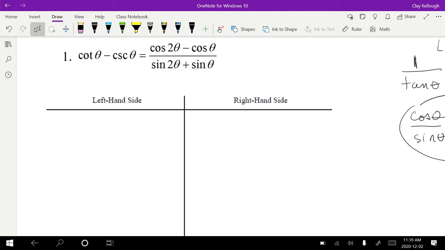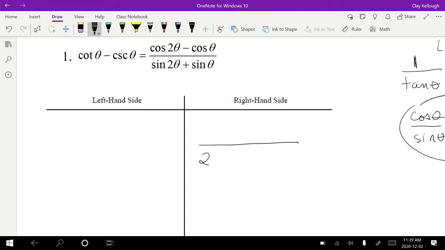Well, sine 2 theta, you don't have any choice, right? Sine 2 theta only has one thing it can simplify to. So I'm going to simplify that. I'm going to replace it with 2. Which one am I doing here? Oh, I'm on the wrong one. This is cotangent. That's page 16?